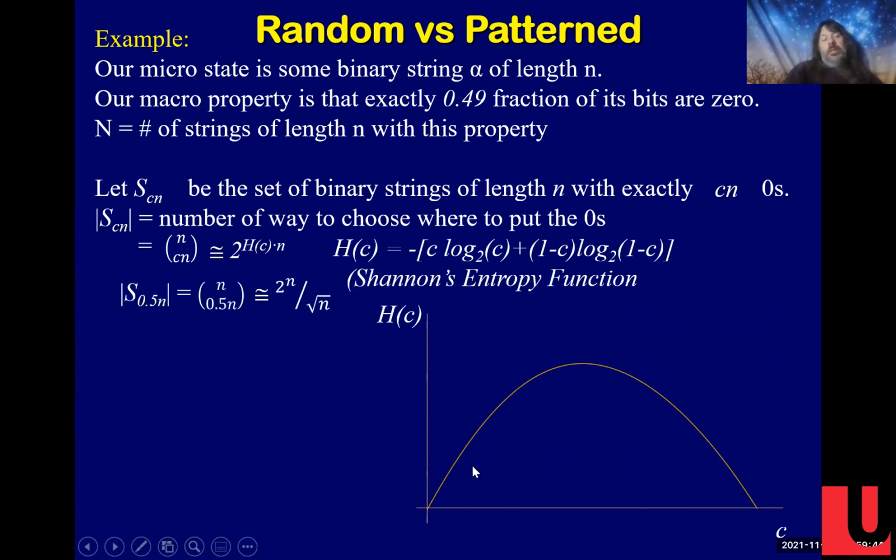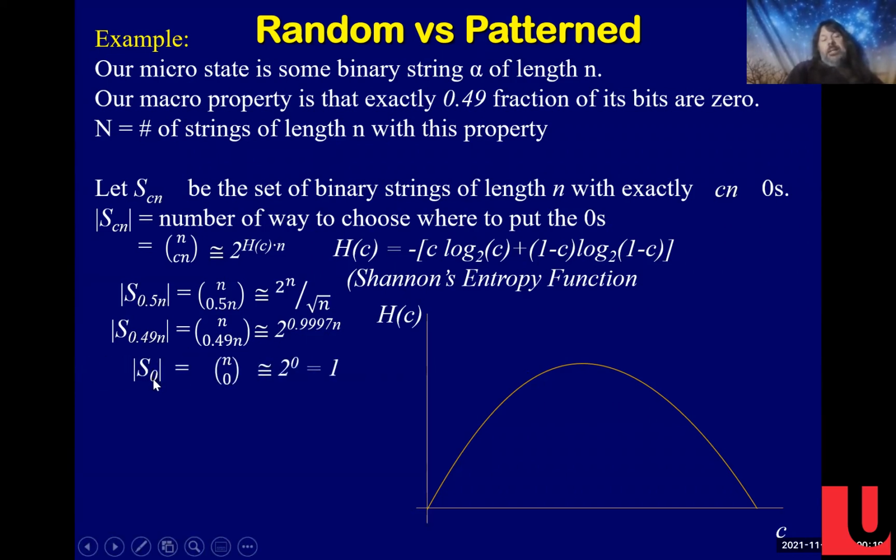If C is a half, then H of C is 1, and the number of 50-50 strings is pretty close to 2 to the n. Now if C is 0.49, we're shifting over slightly, and the number of such strings is smaller.